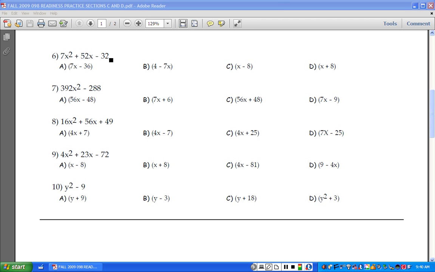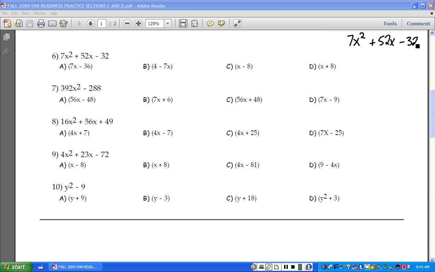So we're back to doing just our basic sets of parentheses. We have our 7x squared plus our 52x minus our 32.